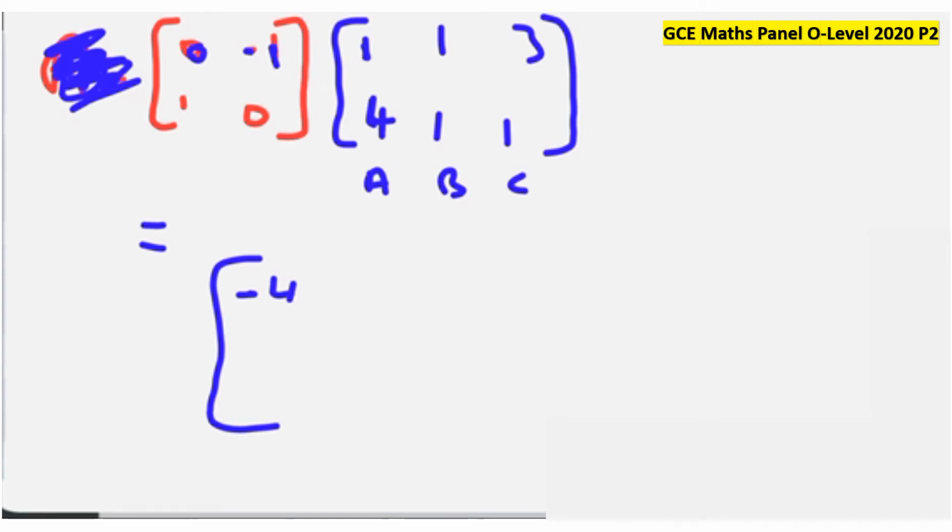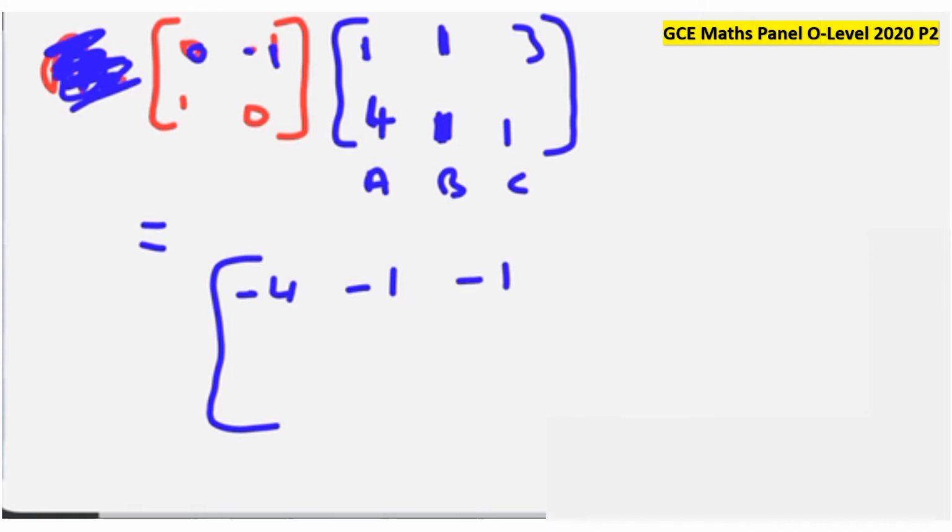Now this first row times the second column, 1, 1: 0 times 1 is 0, plus minus 1 times 1, minus 1. This first row again times the third column gives us minus 1.